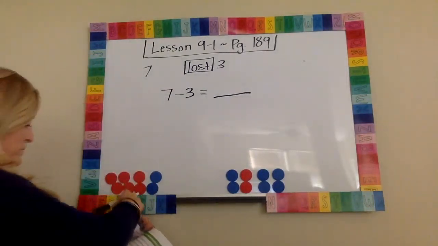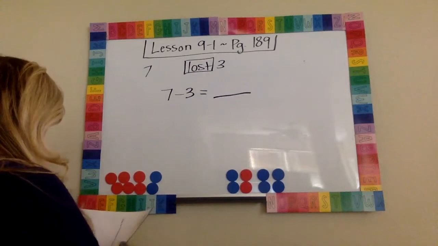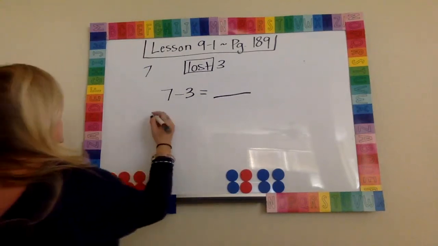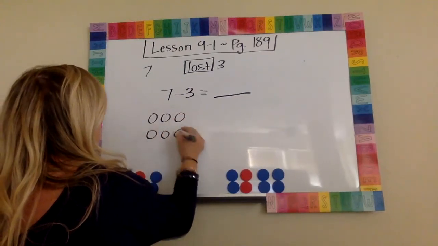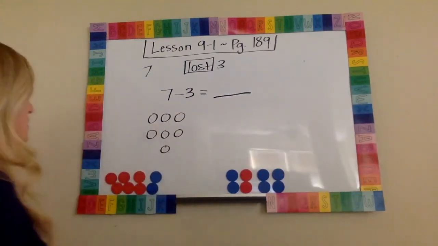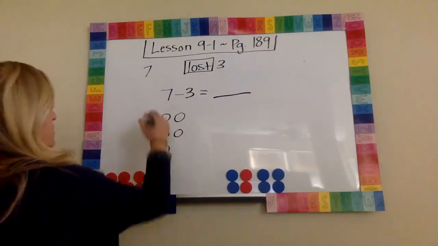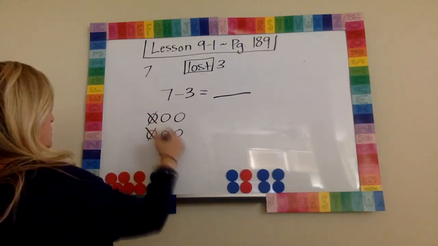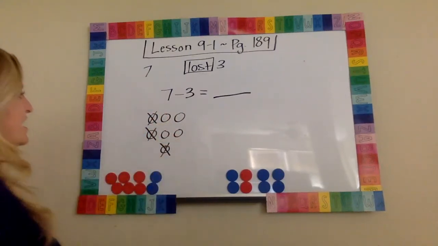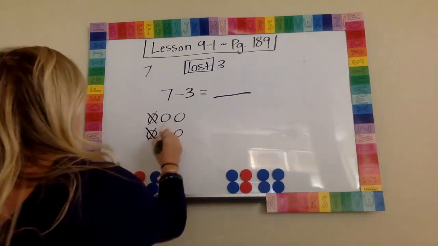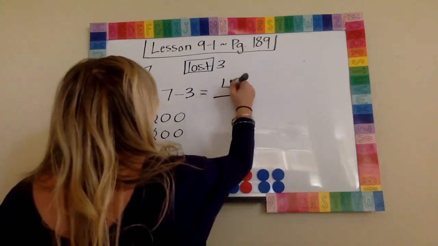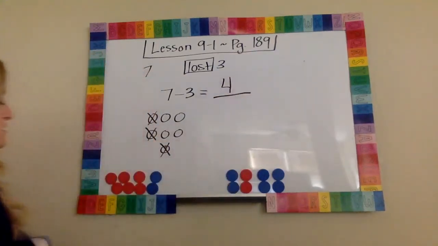So I'm going to draw 7: 1, 2, 3, 4, 5, 6, and 7. And then I'm going to take away 3: 1, 2, 3. Now I can count how many are left. 1, 2, 3, 4. There are 4 beads left.